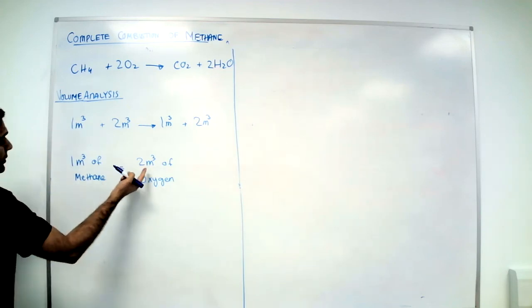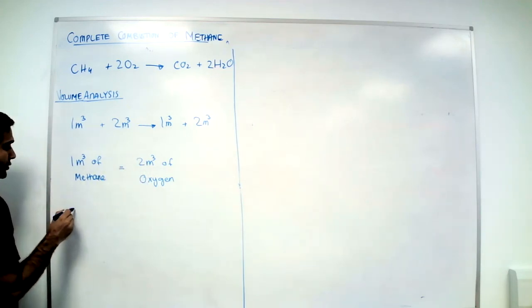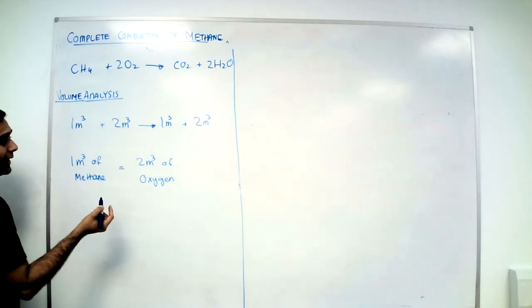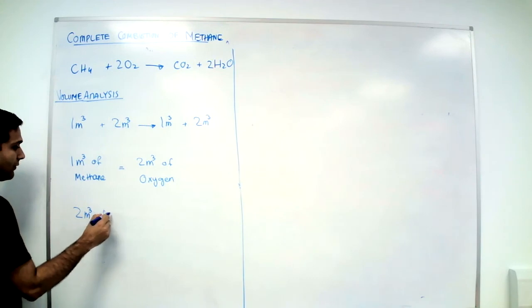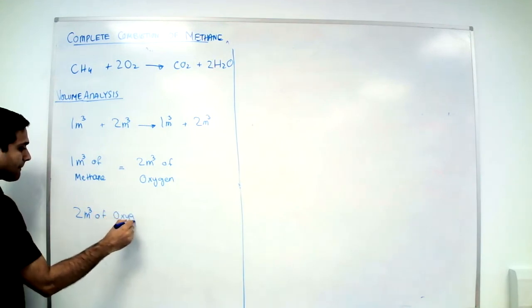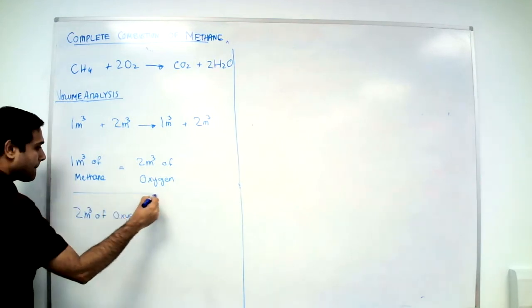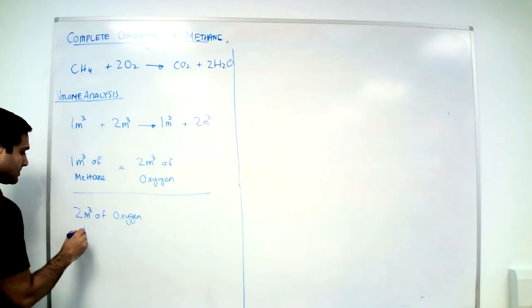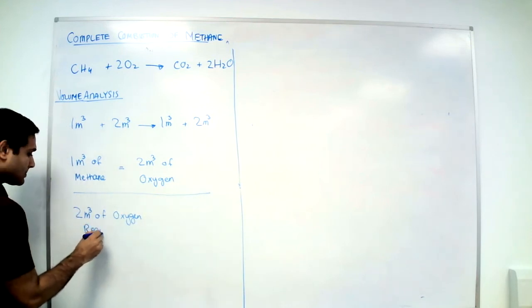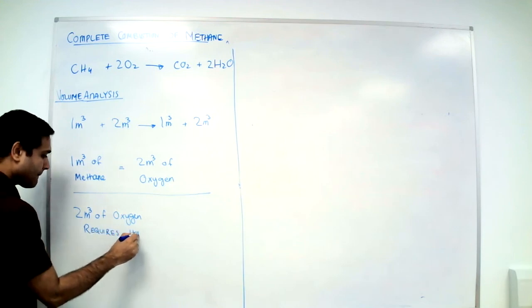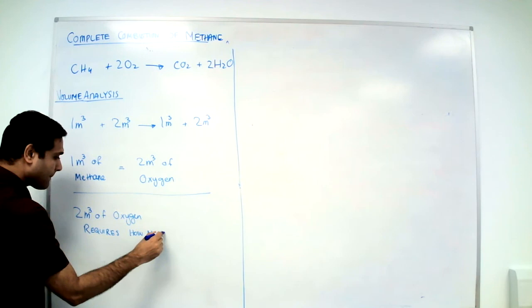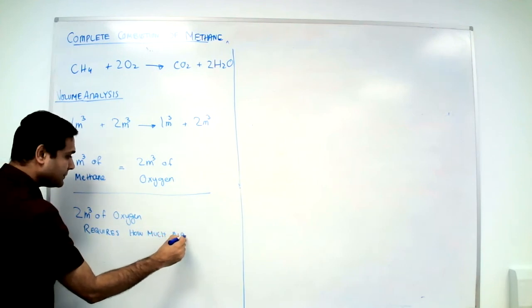Straight away we got 2 meter cube of oxygen. Now 2 meter cube of oxygen requires how much air?